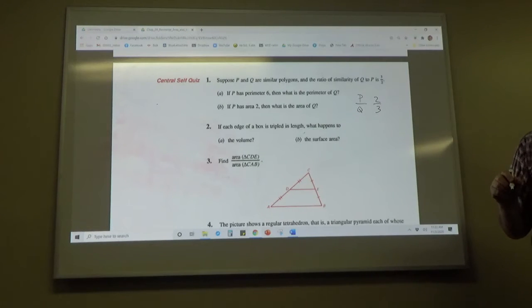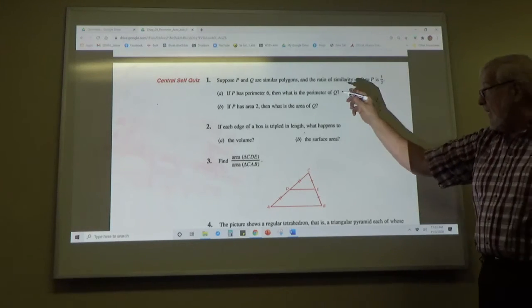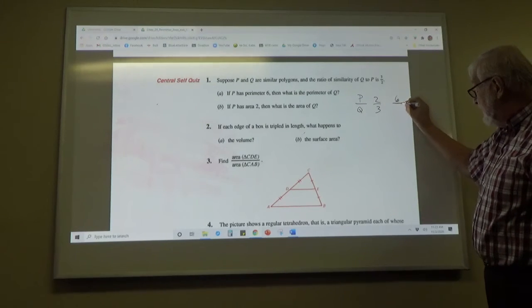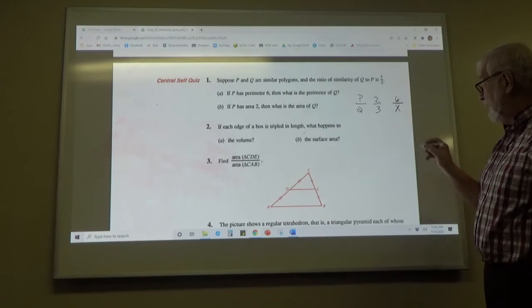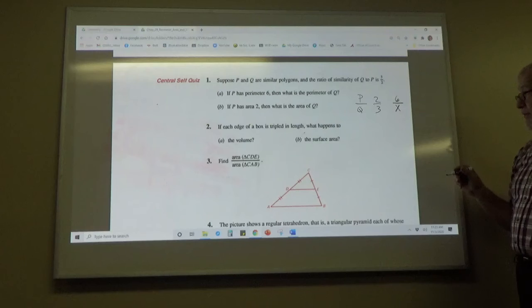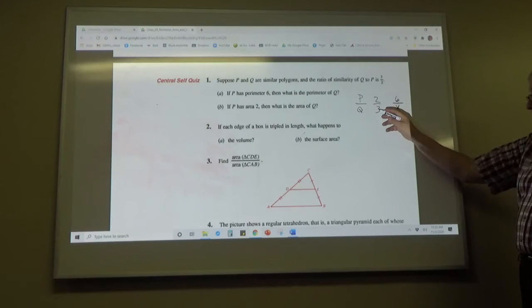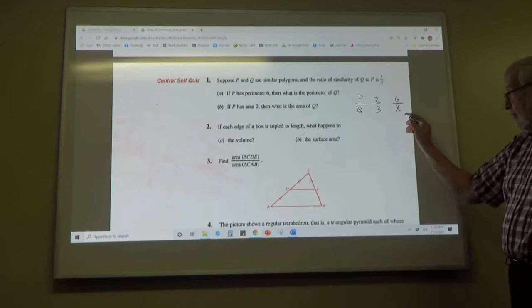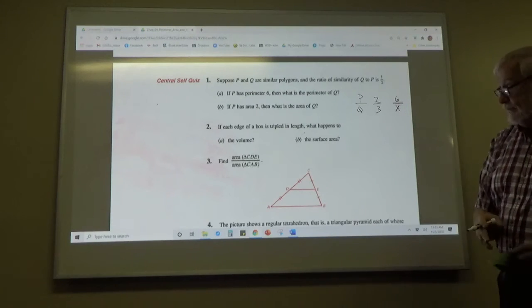Right? Because they're upside down, right? So if the perimeter of P is 6, then X is the perimeter of Q. And what happens when I do the cross multiplying? I have 18 divided by 2, which makes X 9.